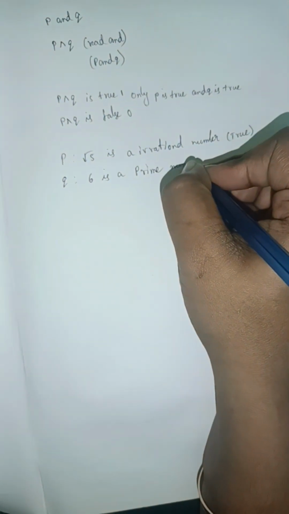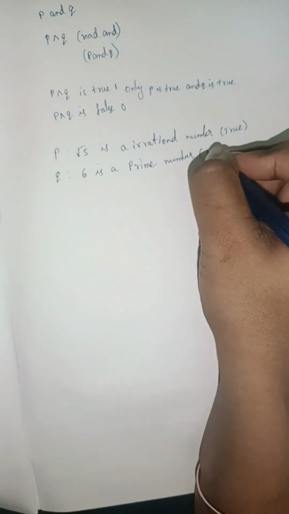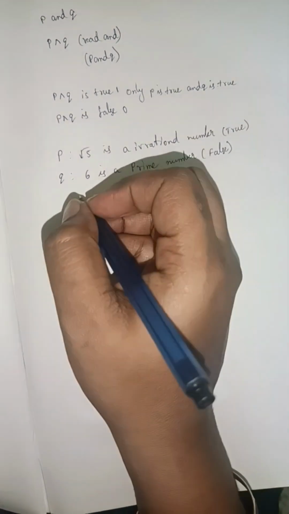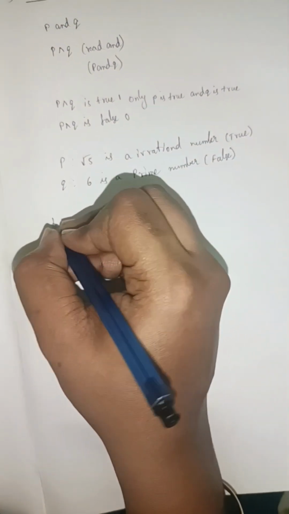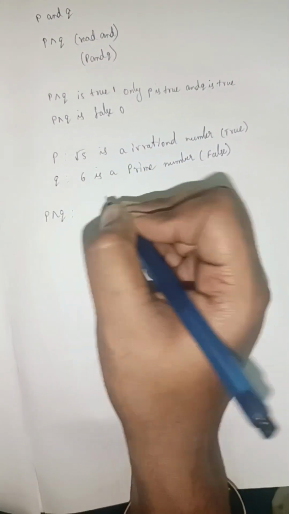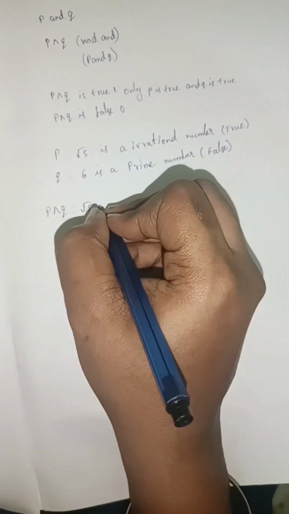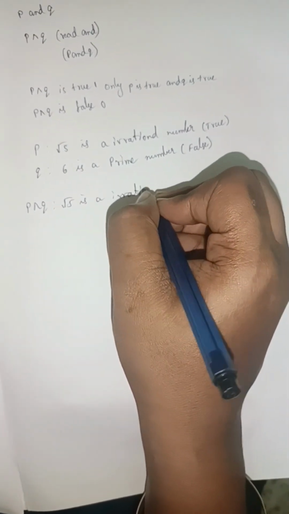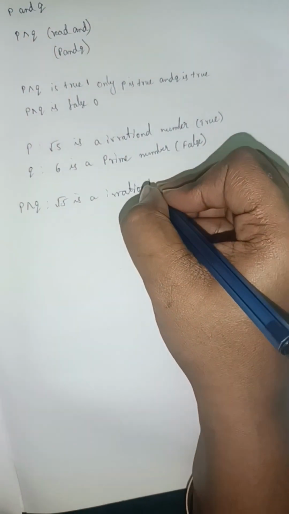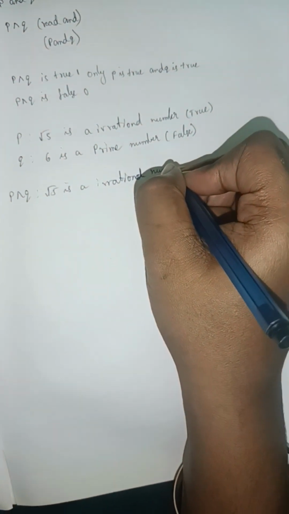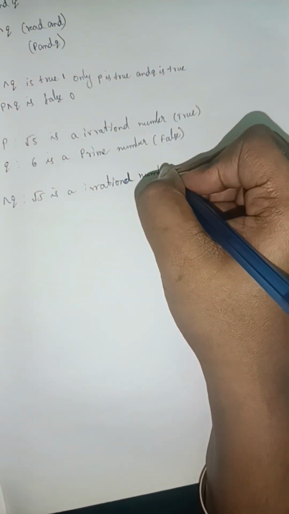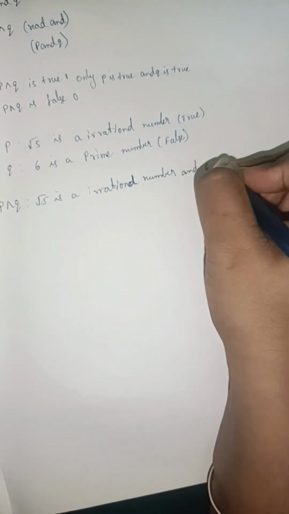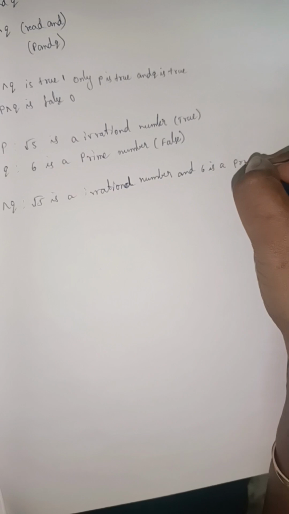This is false. P and Q: root 5 is an irrational number and 6 is a prime number.